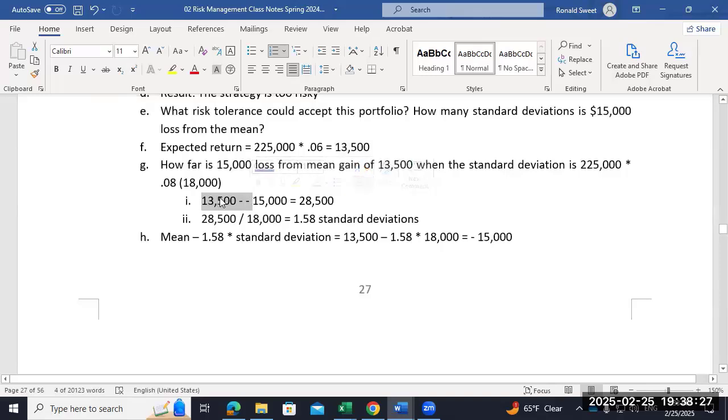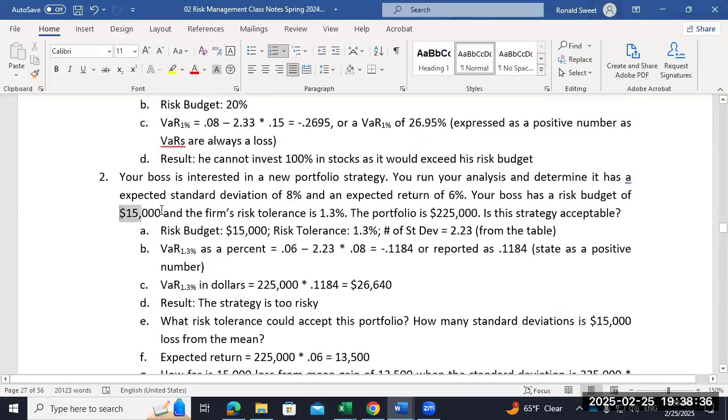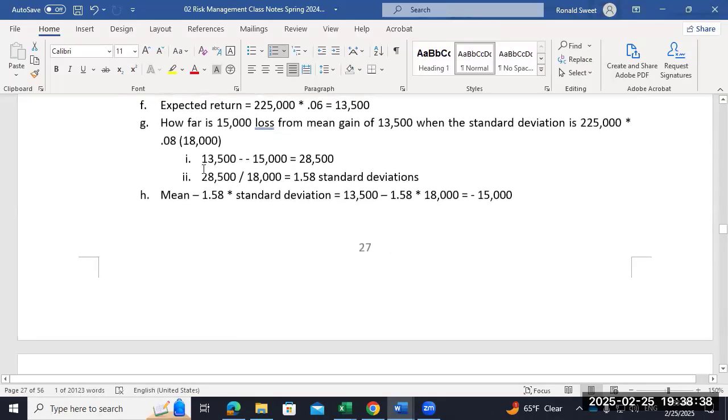So you take 13,500 minus 15,000. That's what your loss would be. That's what your budget is, right? What is your budget allowing? So 13,500 minus negative 15,000, your budget is 28,500 from your mean.